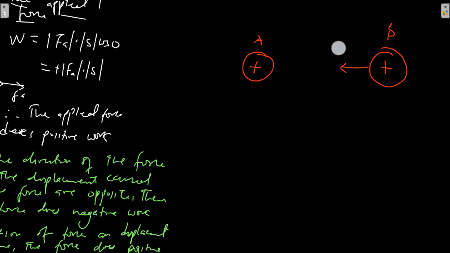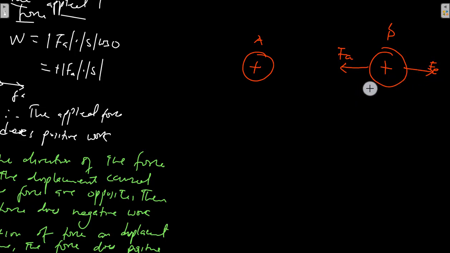So we are applying a certain force Fa to bring the two charges together, but from the laws of electrostatics, the positive charge A and the positive charge B will repel each other, so another force is acting, and this is the electrostatic force.